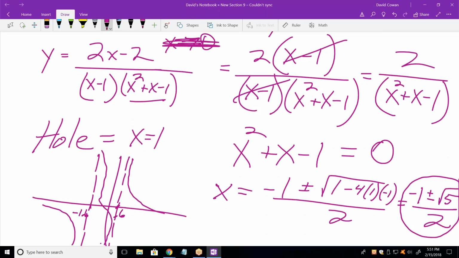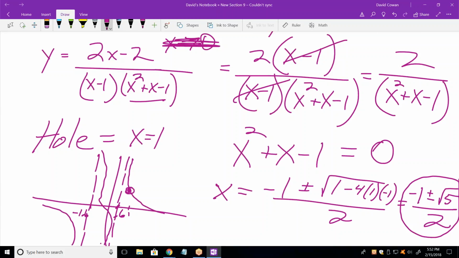And there's a hole right there at x equals 1 that does not disappear just because they canceled out. However, the fact that the x minus 1s canceled out does mean that there is no vertical asymptote at 1. Normally you would expect a vertical asymptote wherever the denominator is 0. But not in this case, because those factors canceled out, it makes it a hole instead of a vertical asymptote.